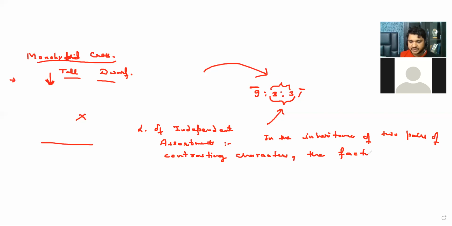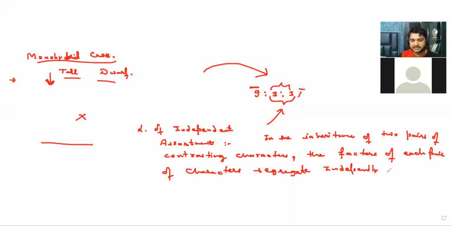So we can say the factors of each pair of characters segregate independently of the factors of the other pair of characters.